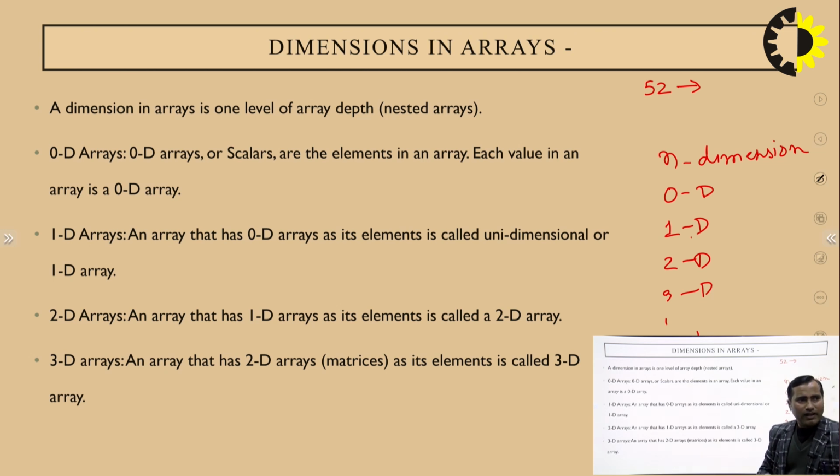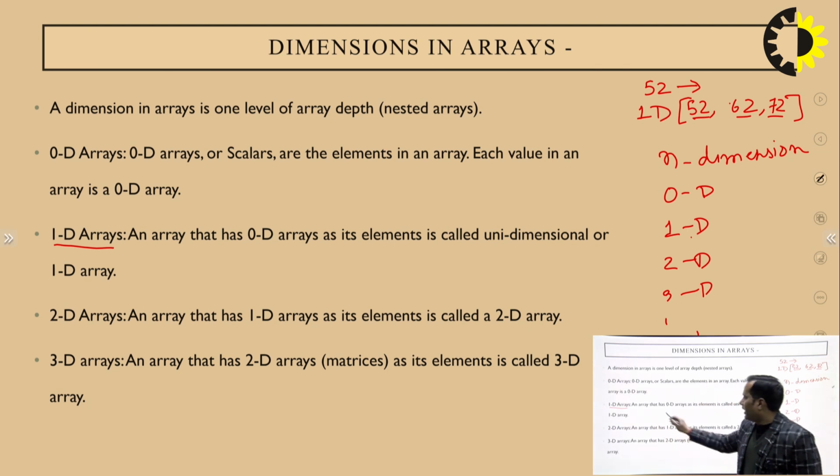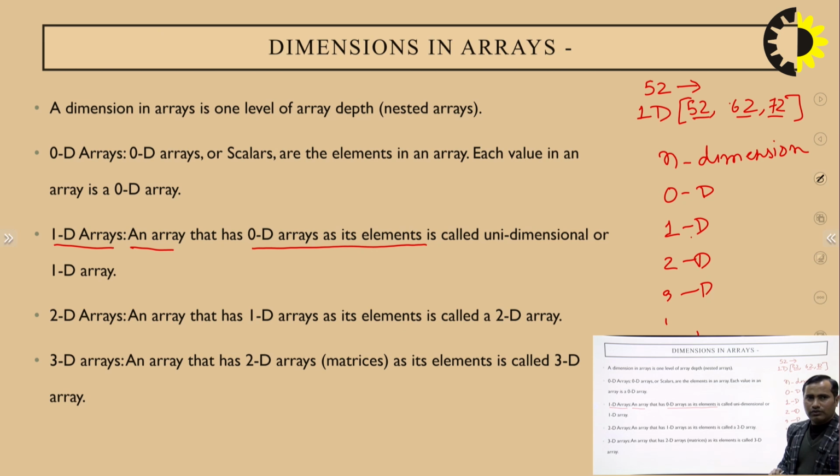The 1D array is an array that has 0D arrays as its elements. So what is a 1D array? A 1D array is an array that has 0D arrays as its elements.